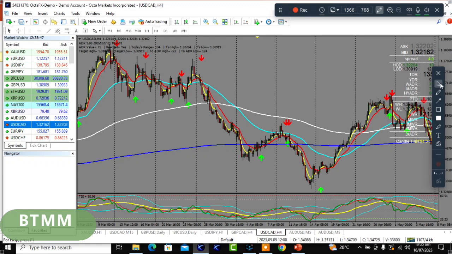So if you entered your position from this point, it takes 1 week to complete this trend. So this is a swing trader type of trade.